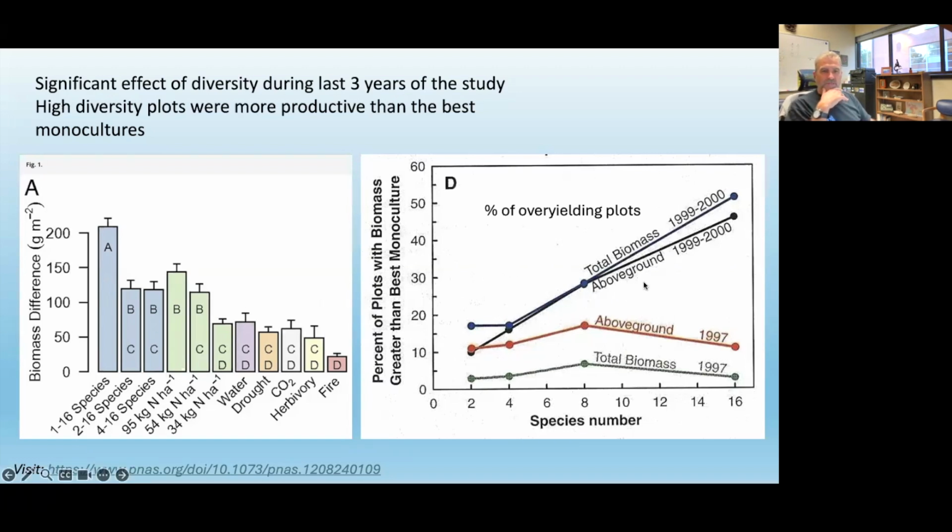And the more species you had, the more biomass you tended to see. And that really speaks to these kind of synergistic, to use a term from toxicology, relationships that can occur in these very diverse communities between these different species.